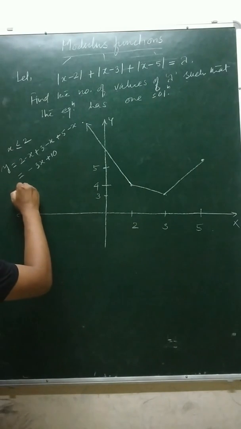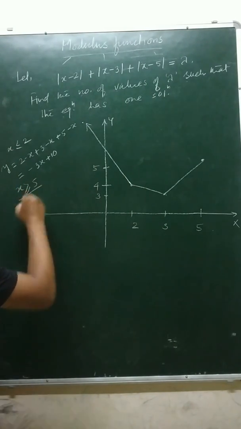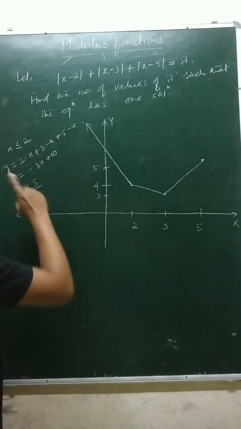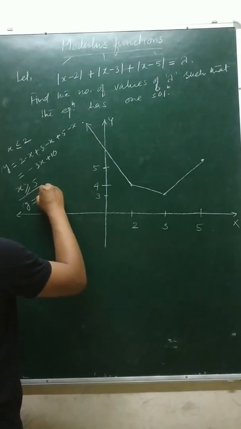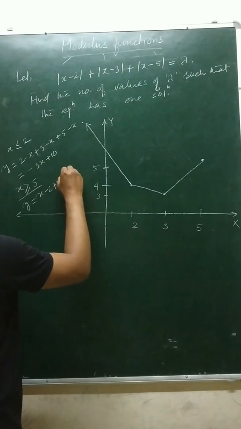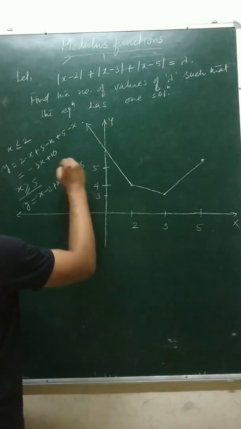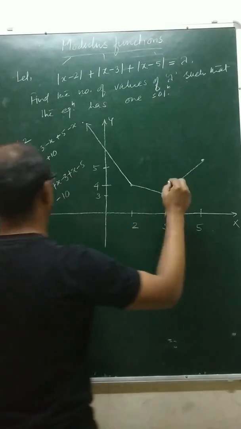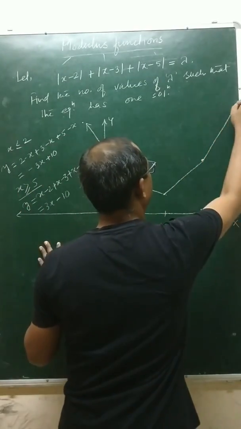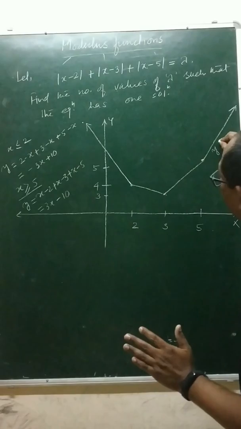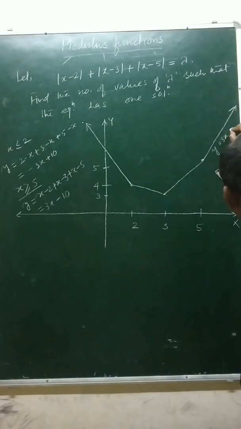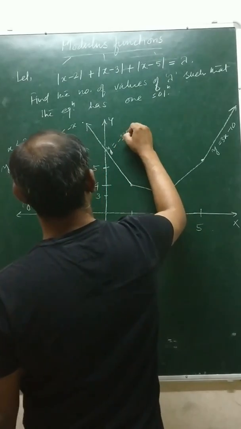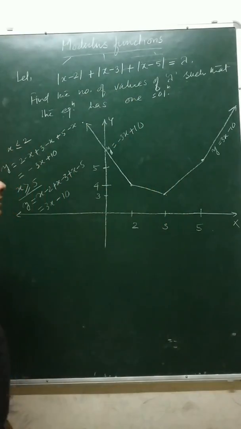And for x greater than or equal to 5, all will open with a positive sign, so x minus 2 plus x minus 3 plus x minus 5, that is 3x minus 10. So again the slope is positive. It's going to be something like this: y equal to 3x minus 10, and this one is y equal to minus 3x plus 10. This is the graph of the left hand side.